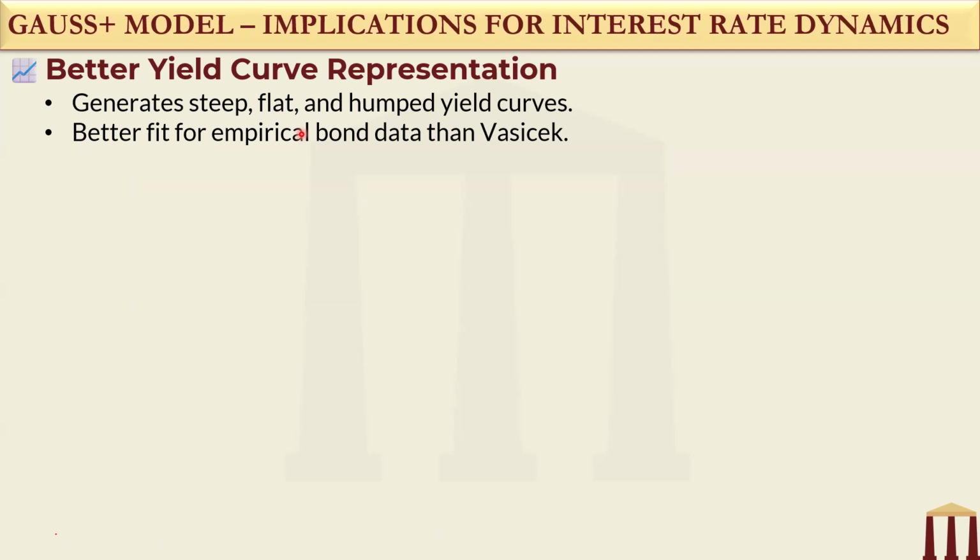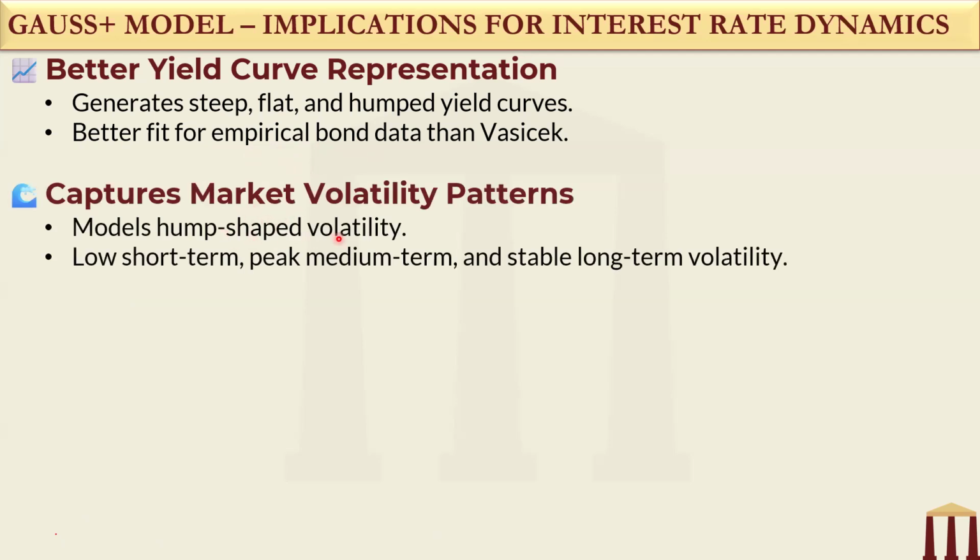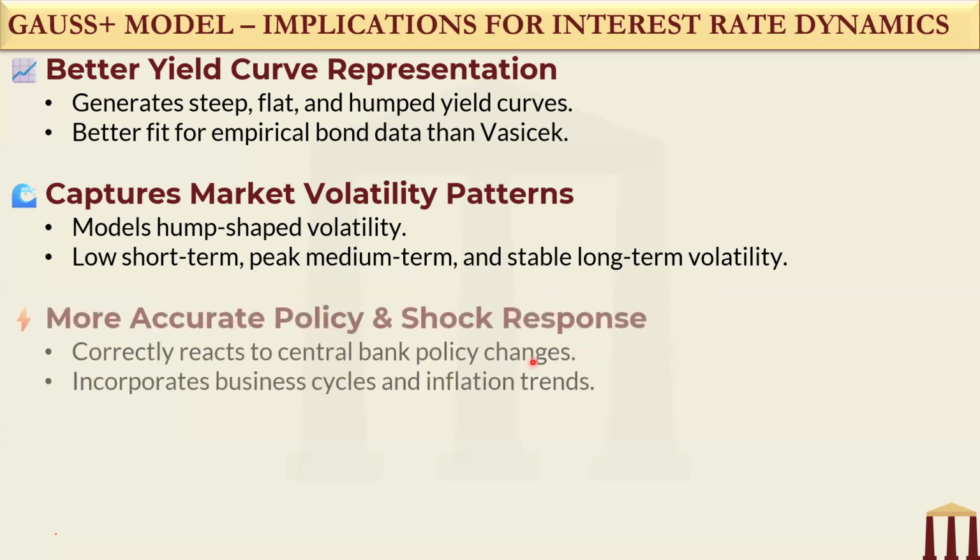Okay. So, of course, the flexibility of the Gauss plus model allows for a more accurate fit to real market bond data. Then, of course, it captures the hump shape volatility. It captures the market volatility patterns where you have low short term, peak medium term, and then stable long term volatility. Then, of course, more accurate policy and shock response.